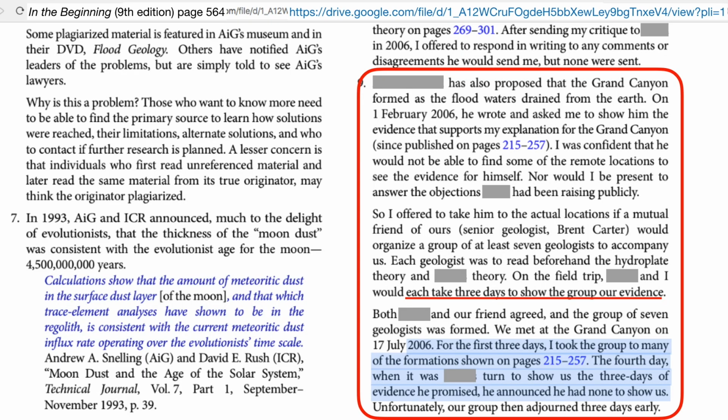And on the fourth day, when it was the other guy's turn to show us the 3 days of evidence he promised, he announced that he had none to show us. Unfortunately, our group had then adjourned 3 days early. So he criticized Walt's theory, and then he couldn't show any evidence to undermine it. And if I understand it right, he then wrote an article criticizing Walt's theory. So the longer I live, the more it doesn't make sense.